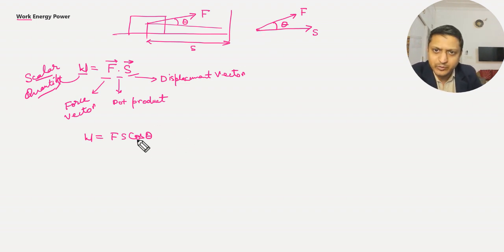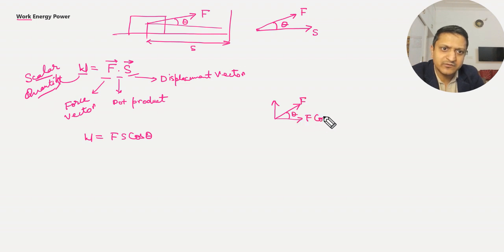Now if we make this F into two components, it will become F cos theta and F sin theta. So we need to know what work this force is doing and what work that force is doing.